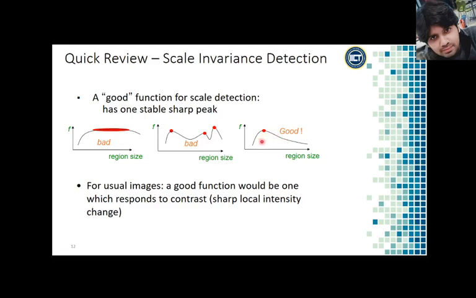This is one example of finding a single response, which would help us to compare and match a particular patch in another image with reference to the image we used for finding the patch. So for usual images, a good function would be one which responds to contrast, sharp local intensity change, which is one way to get a single response.